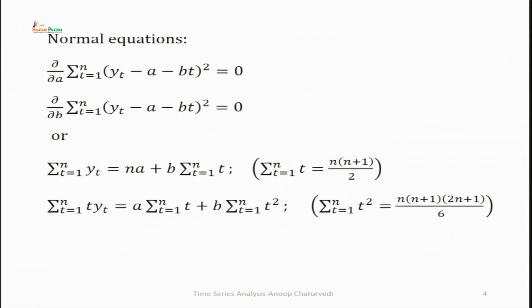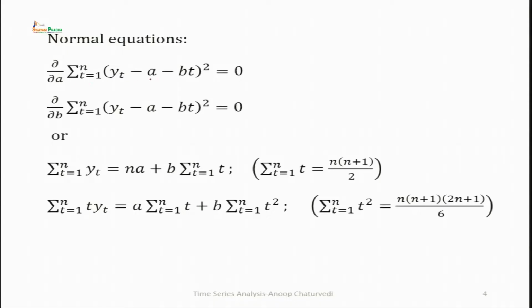Then for minimizing the sum of squares, what we do is differentiate it with respect to a and with respect to b, and put these differential coefficients equal to 0, just like the method of least squares which we have considered for the bivariate data in the regression problem.